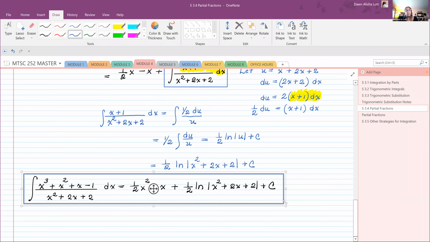All right. So neither one of those problems could I solve using partial fractions in the beginning because the power of the numerator was greater than or equal to the power of the denominator.